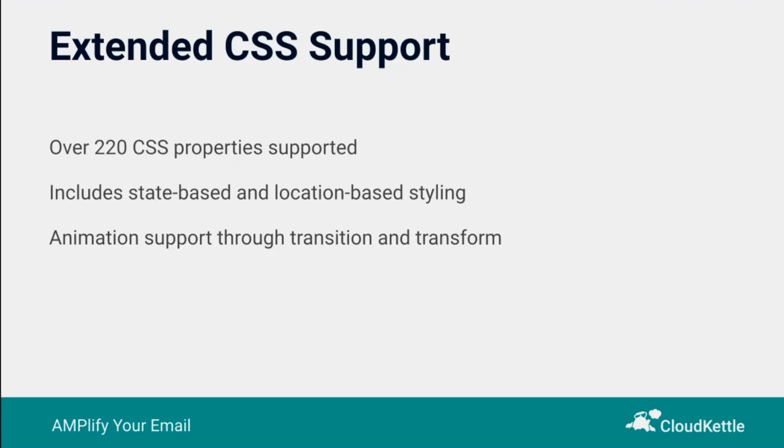Furthermore, this extended CSS support also includes transition and transform properties, so you can animate elements on the page based on user action, and I'll show you just one example of this in my demonstration.